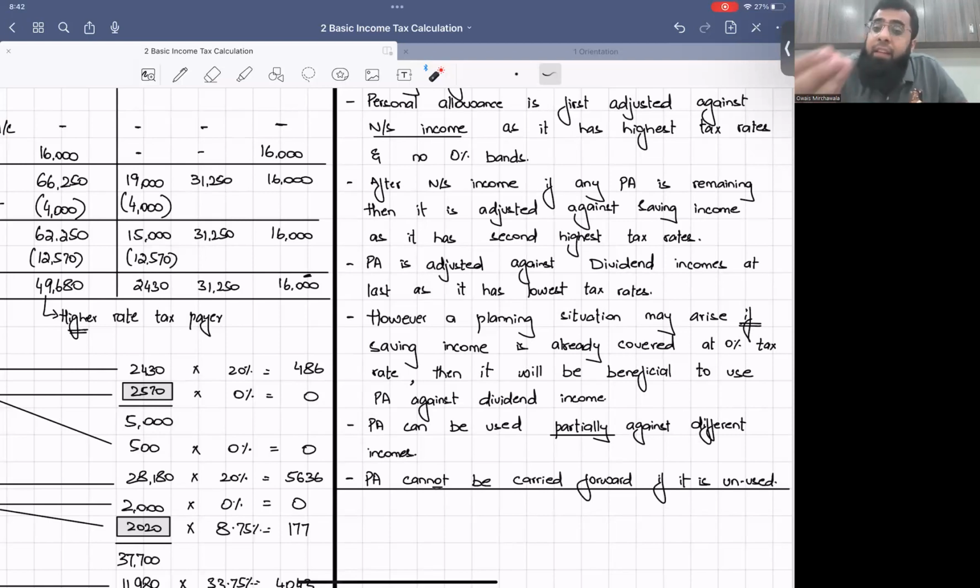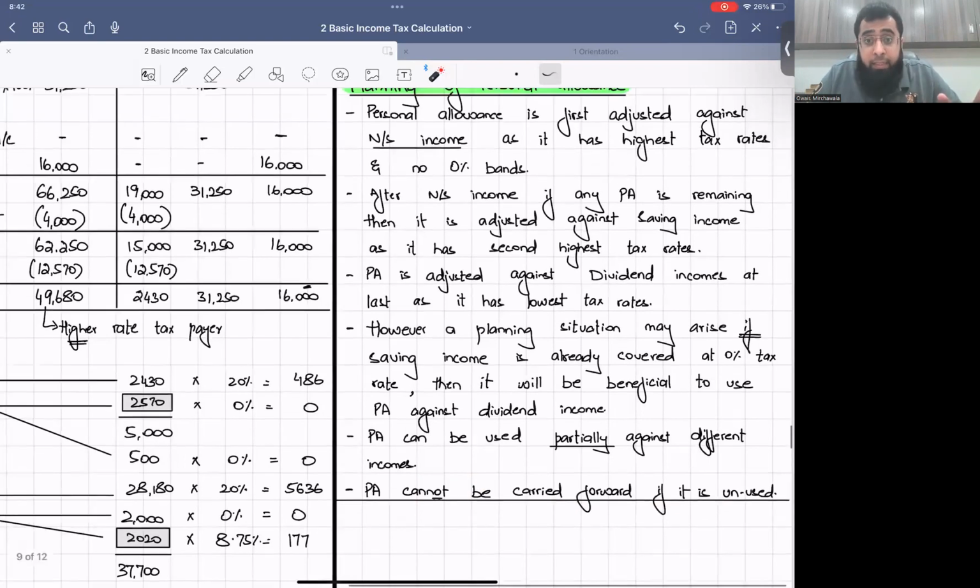For example, if you have saving income of 1,000, and that will already be covered through the 0% band, don't waste allowance against it, go for dividend income. However, a planning situation may arise. If saving income is already covered at 0% rate, then it will be beneficial to use allowance against dividend. Personal allowance can be used partially against different incomes, like you can use some against saving and some against dividend. But whatever allowance you have, you have to use it in the current year. It cannot be carried forward.